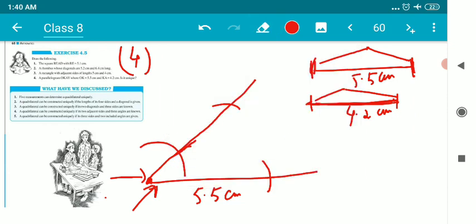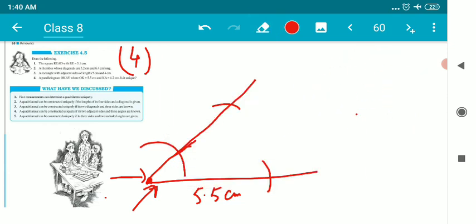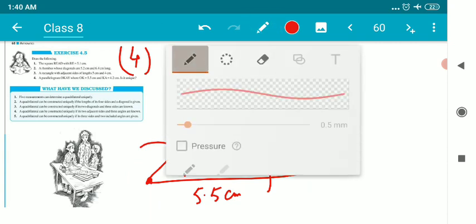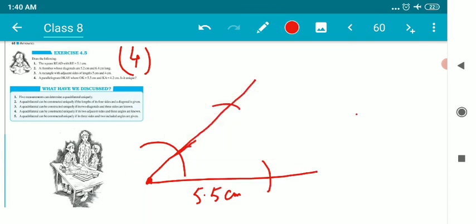Okay children, now we know the rules of a parallelogram. In a parallelogram, opposite sides are of equal measure, so I'm just doing it that way. What I'll do, I'll just take the measure of this 4.2. I'll place at this vertex. I'll draw one arc like this. Okay, one single arc.